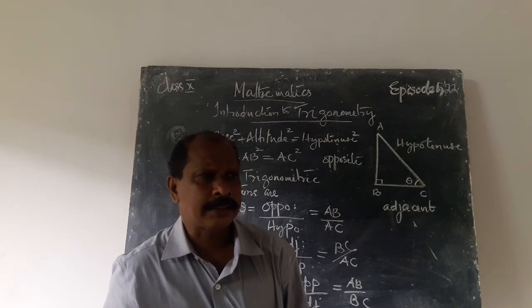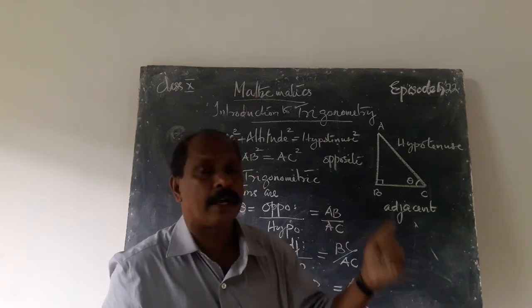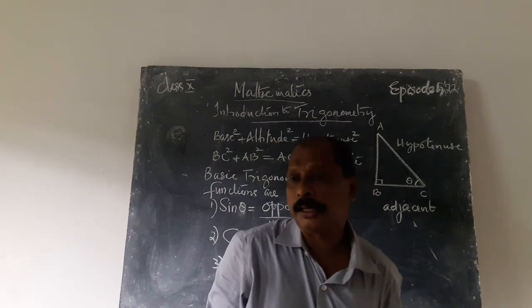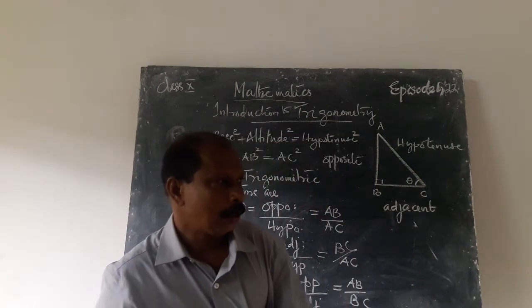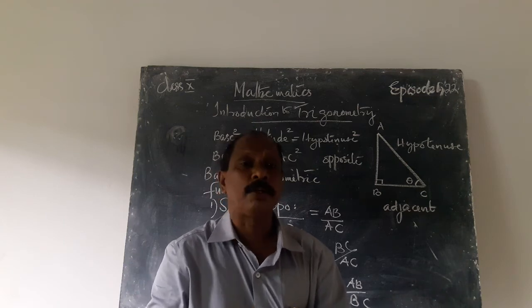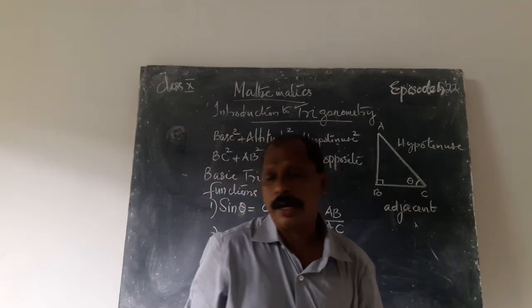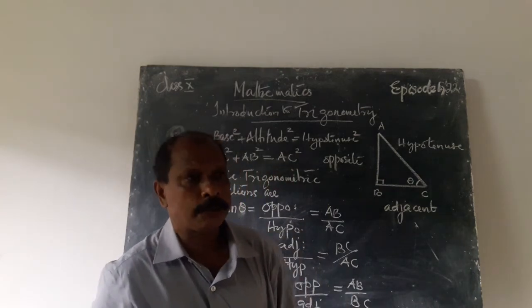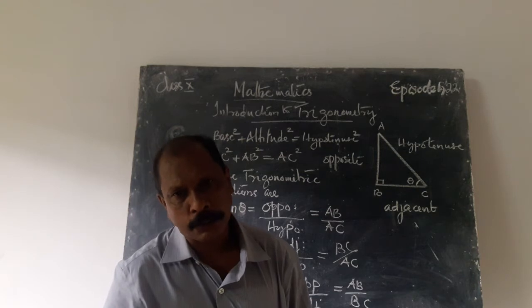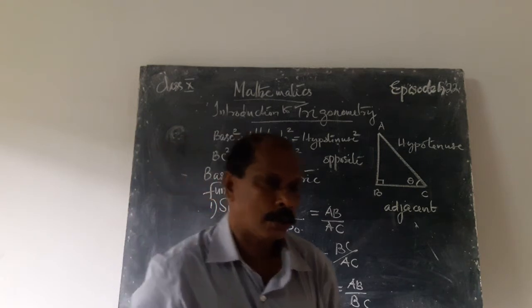Then let us consider the figure, triangle ABC, with right angle at B, therefore it is a right angled triangle. BC is the base, AB is the altitude, and the longest side AC is the hypotenuse. Therefore, base square plus altitude square is equal to hypotenuse square.